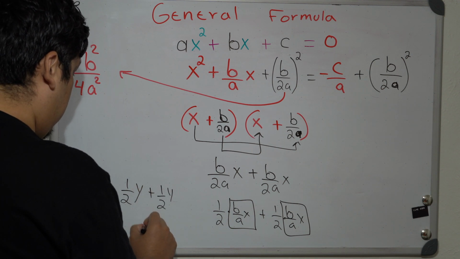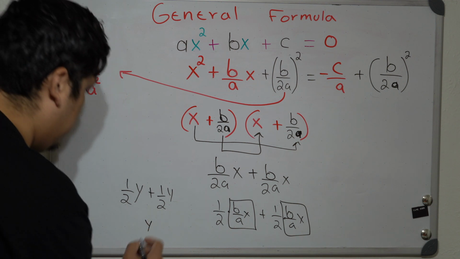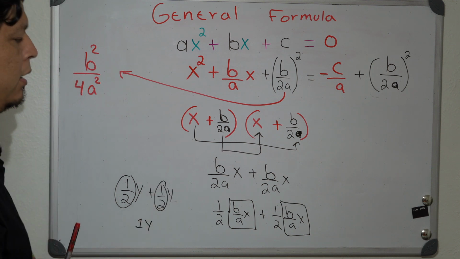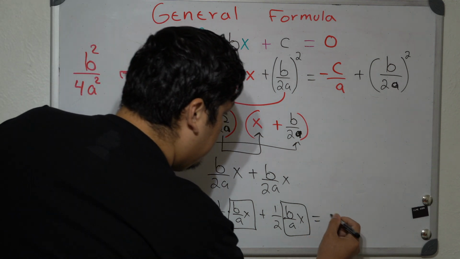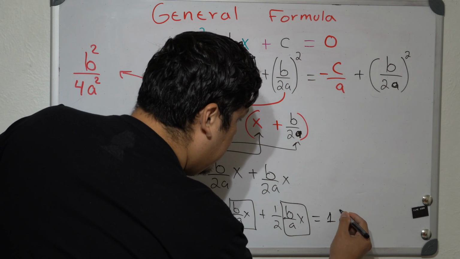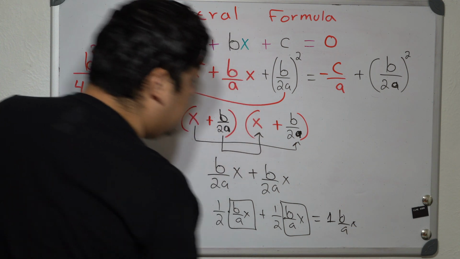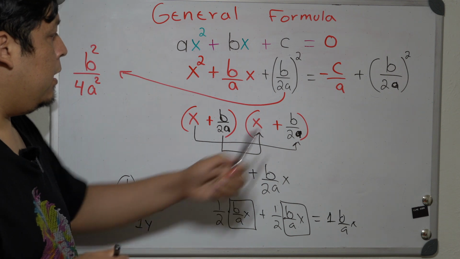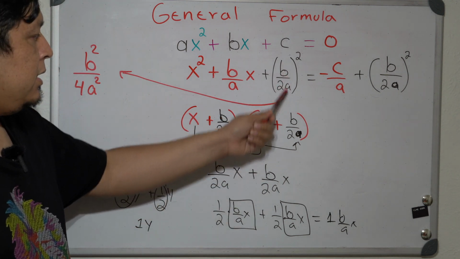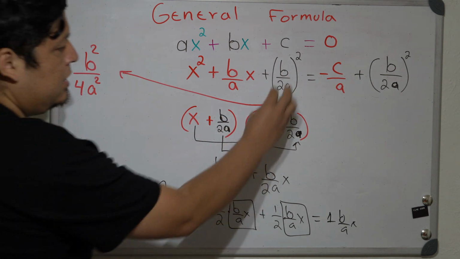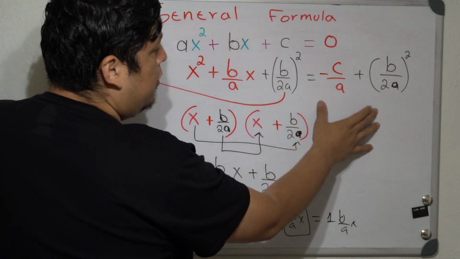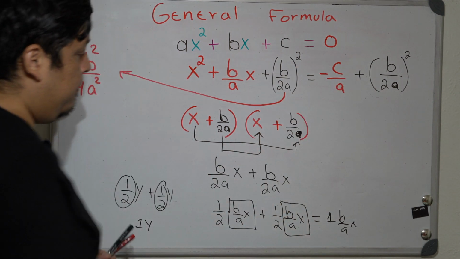I get a 1y, right? Because half plus a half is equal to 1. Therefore, I get just 1 times b over a x. So I always like to keep my number here, just like so. That way I can see that this will always be my answer no matter what. And so we'll move on to the next step.